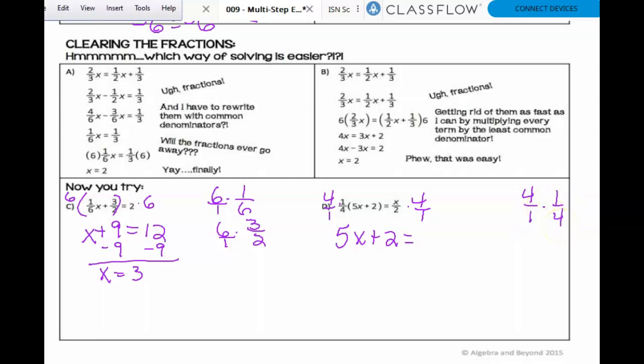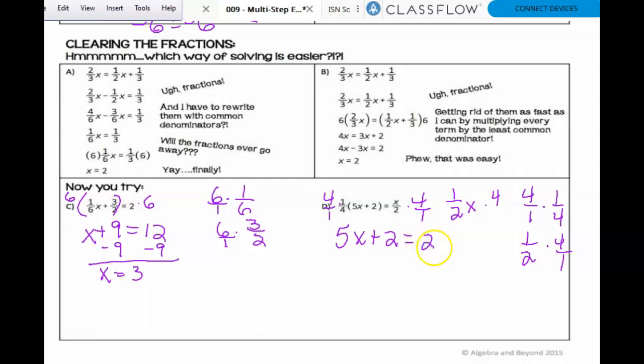Now, this is written as x over 2. So, y'all, what number is in front of the x over here? This is the same as 1/2 x times 4. So I'm going to take 1/2 times 4. And if I take 1/2 times 4, what do I get? 2.